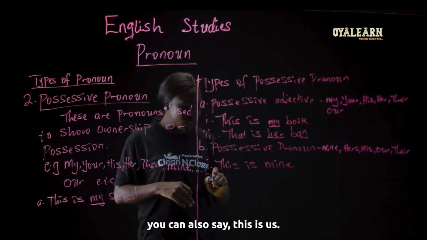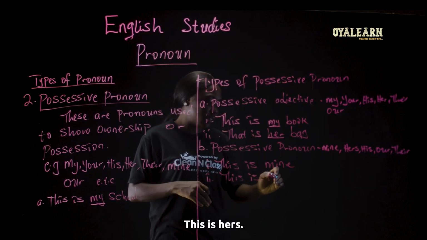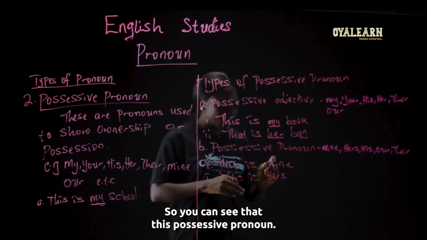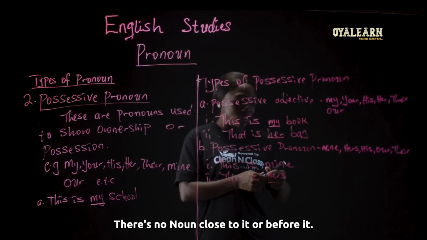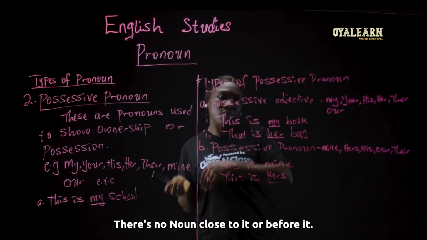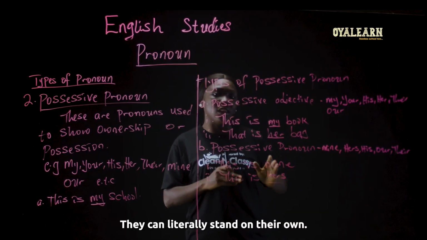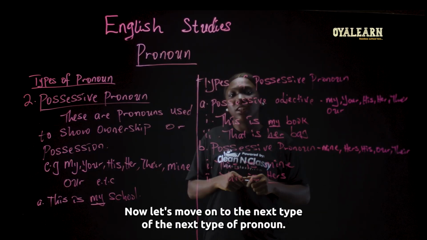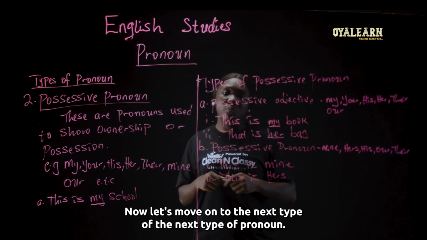You can also say, this is hers. So you can see that with this possessive pronoun, there is no noun close to it or before it. That is why it's called the possessive pronoun. They can literally stand on their own. Now let's move on to the next type of pronoun.